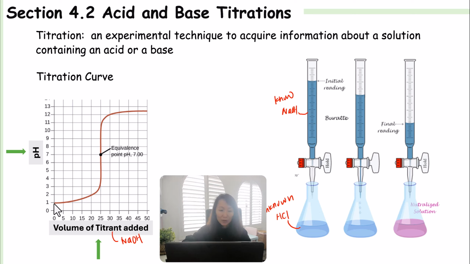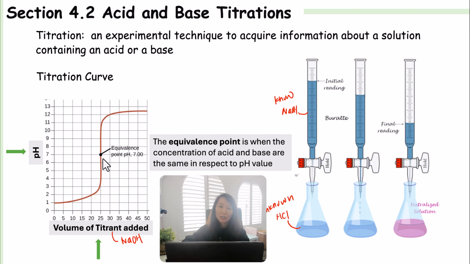The pH is very, very low because you just have acid. Then as more and more base is added, the pH level starts to rise because there is base present. Now, at a certain point, what is called the equivalence point, is a point in which the concentration of the acid and base are exactly the same.